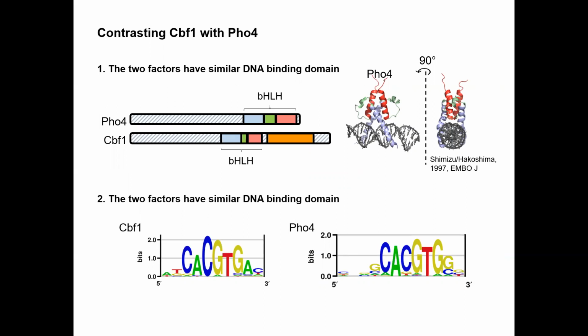I'll make one comment about CBF1 versus FO4. In another system, we found that the leucine zipper can promote higher order interactions among these bHLH zip proteins. So they can form bivalent heterotetramers. If you look at our paper on upstream stimulatory factor, you'll see all the data that we generated for that.